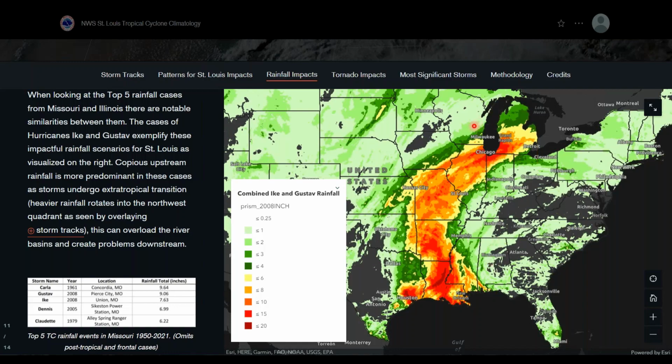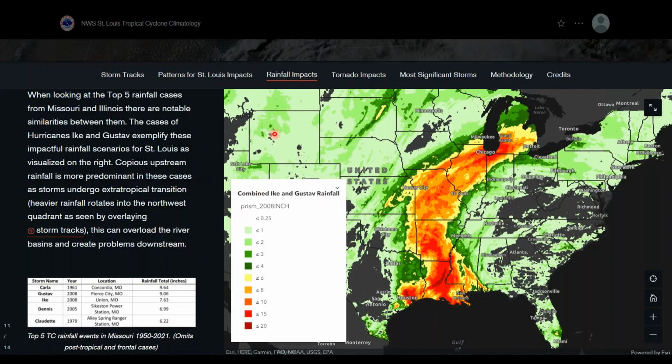The map here is showing combined rainfall for Ike and Gustav, which shows a pretty clear swath of high rainfall of 8 to 10 inches across pretty much the majority of the Mississippi River Valley, all the way up into the Great Lakes, which definitely had a significant impact to our area, especially with Ike when it came to flash flooding and river flooding.